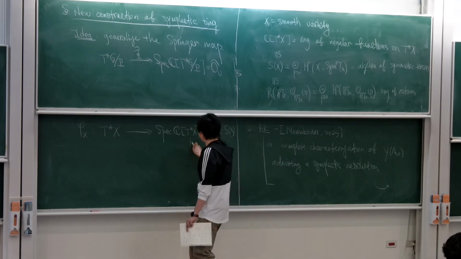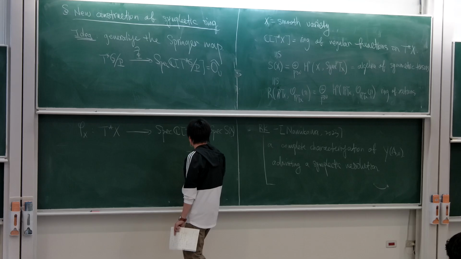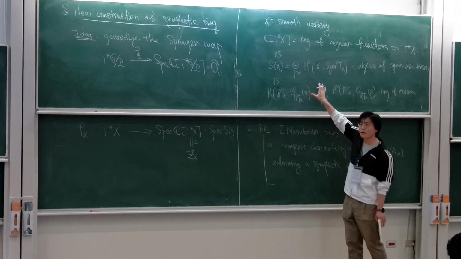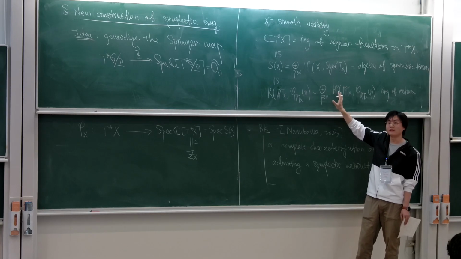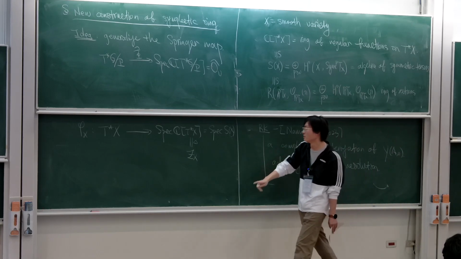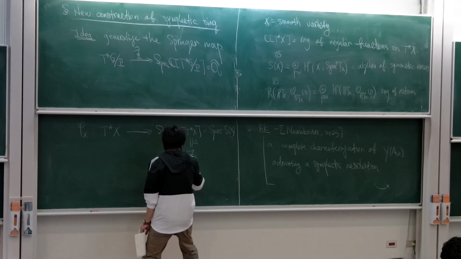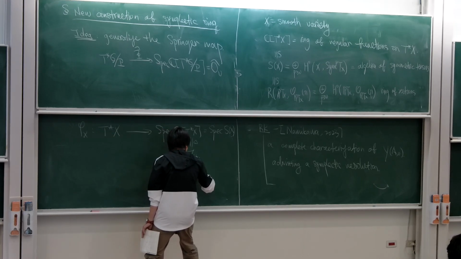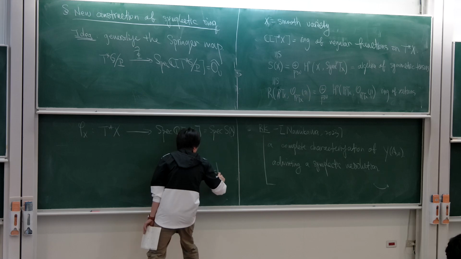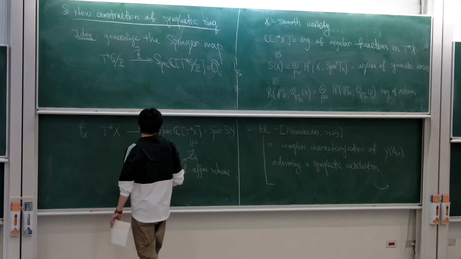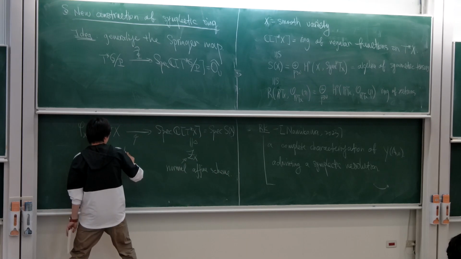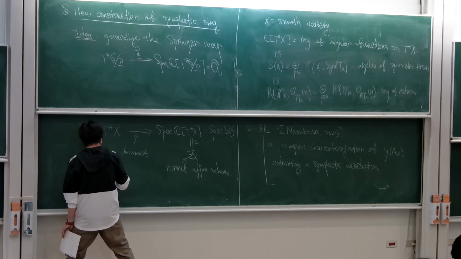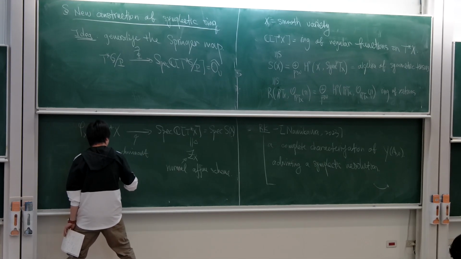I will denote this by Z(X). Be careful: in general, we don't know if this ring is finitely generated. So this is just some normal affine scheme. Of course, this map is dominant. Now, in general, it's not surjective.